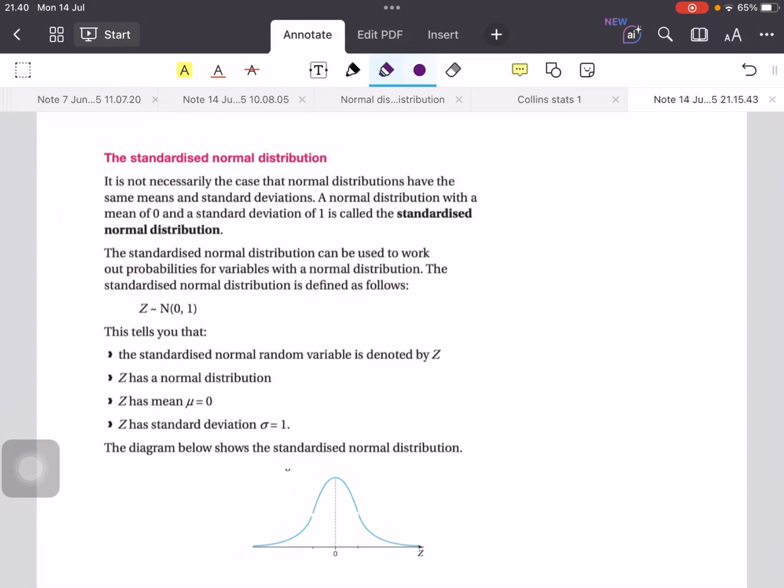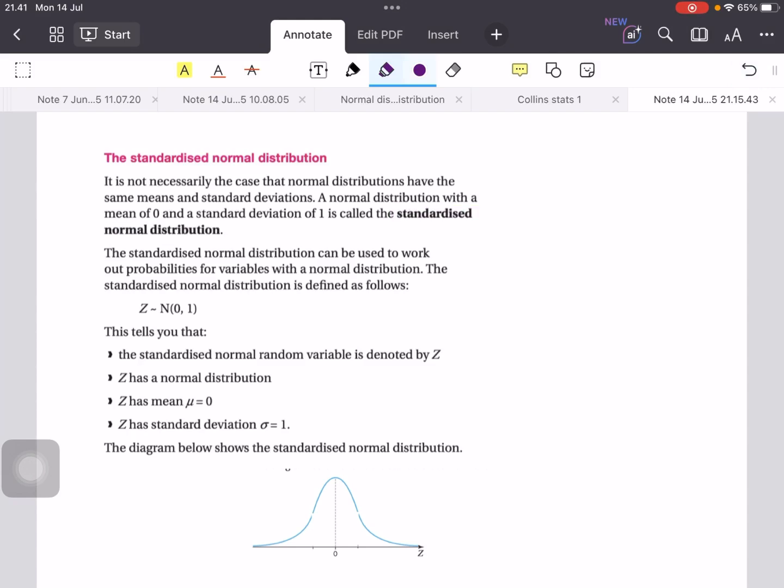So what is actually meant by the standardized normal distribution? Students, as we all know, it is not necessarily the case that normal distributions have the same mean and standard deviation. A normal distribution with a mean of 0 and a standard deviation of 1 is called the standardized normal distribution.